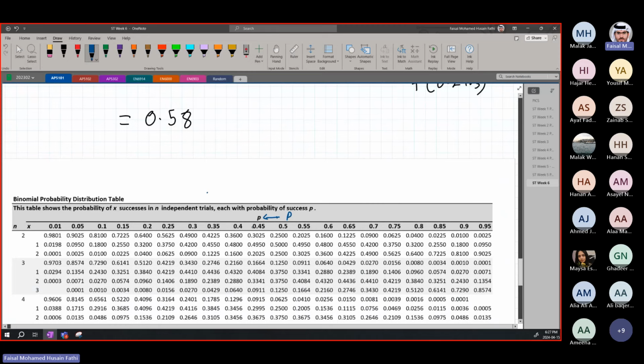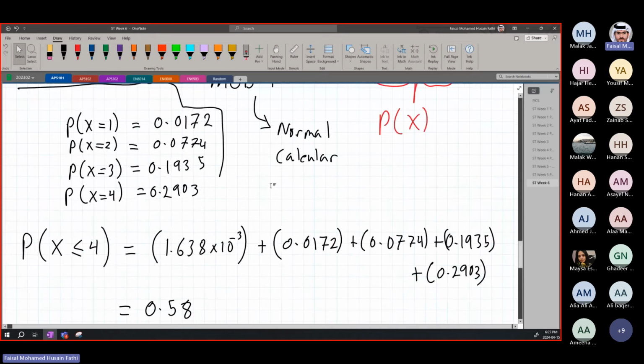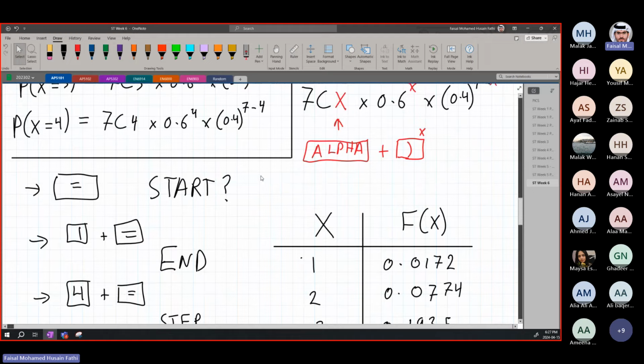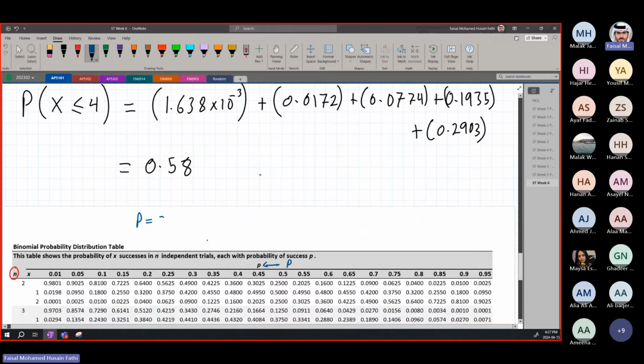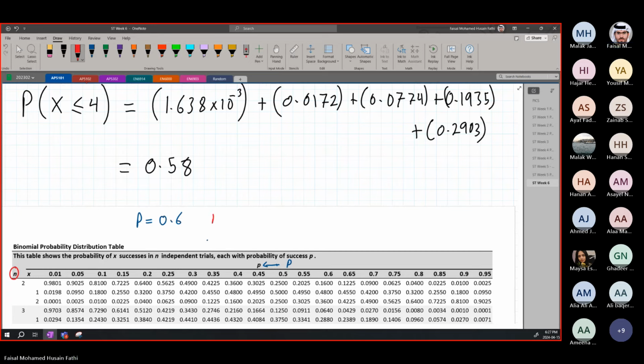Over here we have our n, and over here we have our x. So our small p in this question is equal to 0.6, and our n is equal to 7.